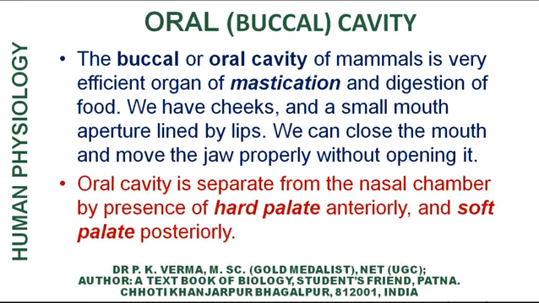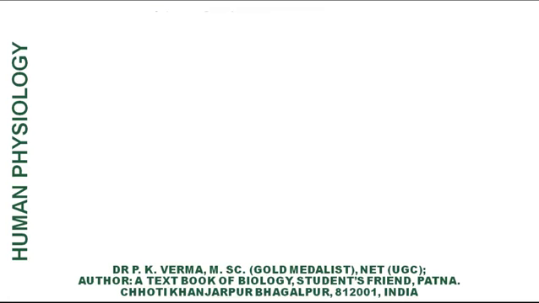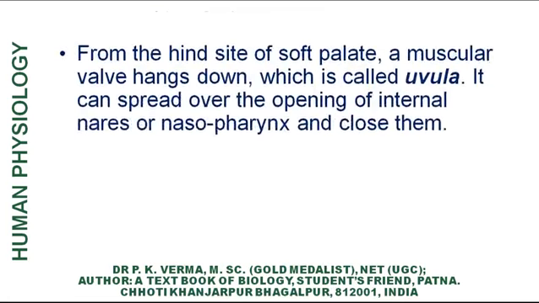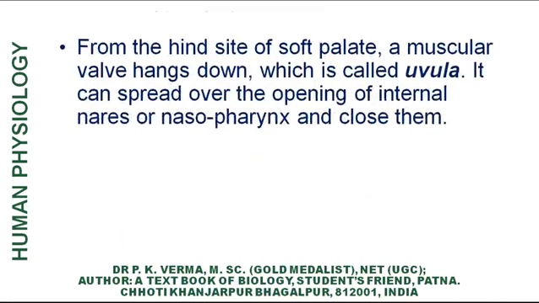The oral cavity is separated from the nasal chamber by the presence of hard palate anteriorly and soft palate posteriorly. From the hind side of the soft palate, a muscular valve hangs down, which is called uvula.